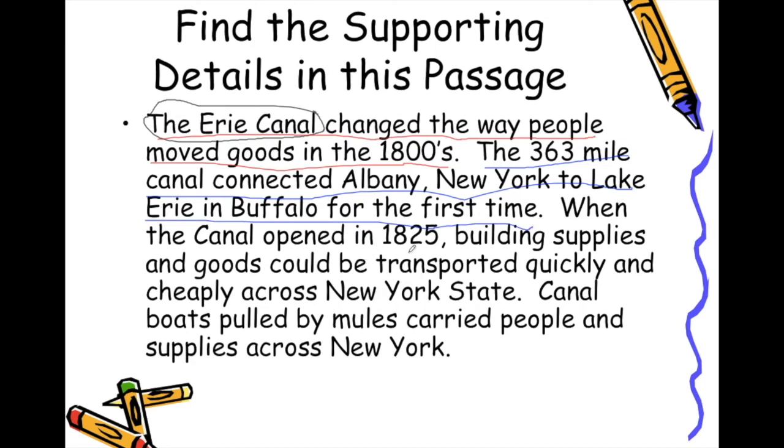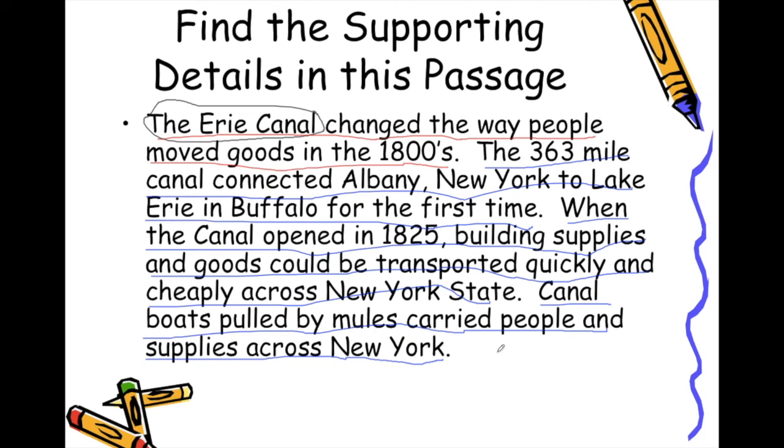When the canal opened in 1825, building supplies and goods, that's all talking about how people moved things, so that fits as well. I'm going to underline that sentence. And then lastly, it says canal boats pulled by mules carried people and supplies across New York, and that all fits too.